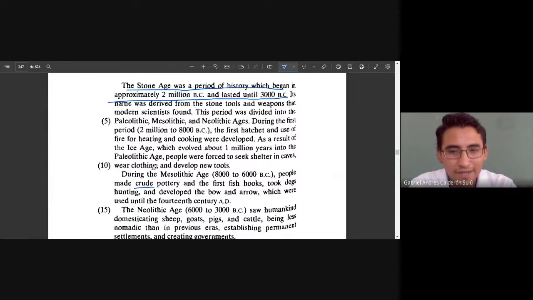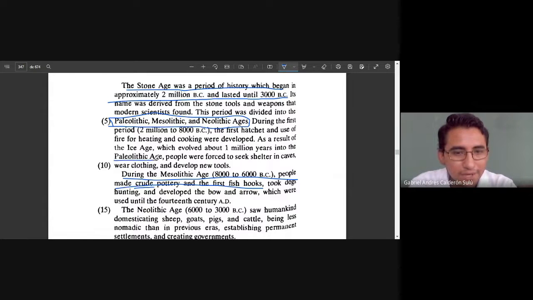Read the next paragraph. During the Mesolithic age, people made crude pottery and the first hook. It's describing the Mesolithic age, but the Mesolithic is one part of the Stone Age. You see? Here it mentions the Paleolithic, Mesolithic, and Neolithic ages.